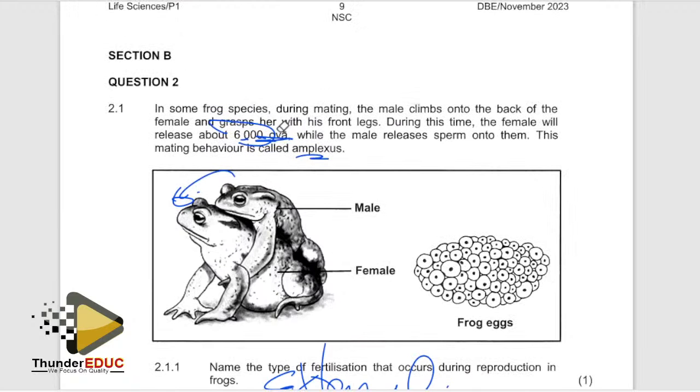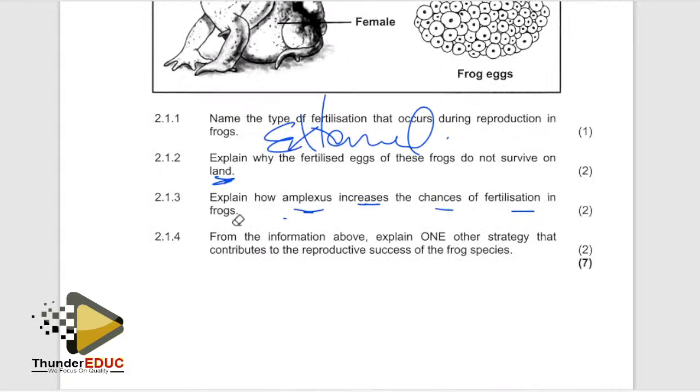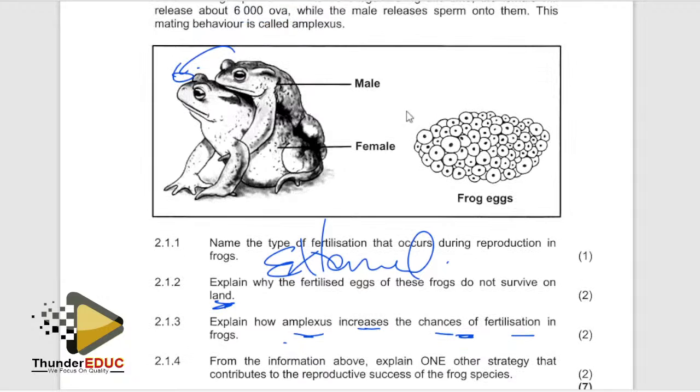Let me check here. It said explain how this increased the chance of fertilization. First of all, it produces a high number of eggs. That's number one, because if there is a high number of eggs, the chance of fertilization is high. Number two, the males release the sperms directly onto the eggs. That's why it is on top here.